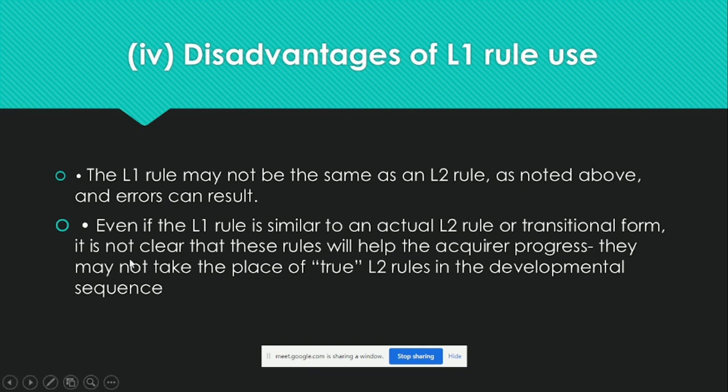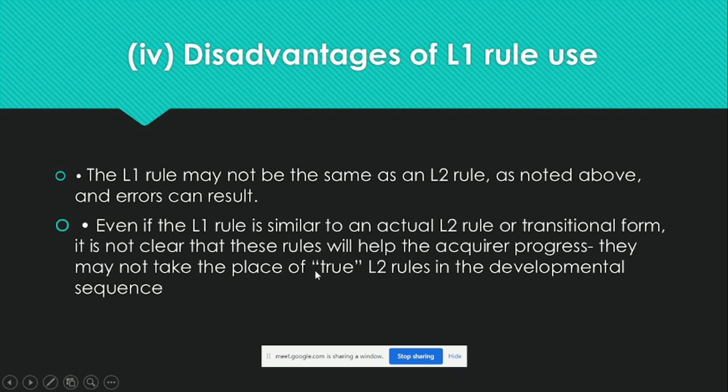First, the L1 rule may not be the same as the L2 rule, as noted above, and errors can result. Second, even if the L1 rule is similar to an actual L2 rule or transitional form, it is not clear that these rules will help the acquirer progress.